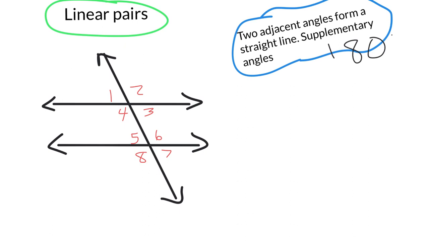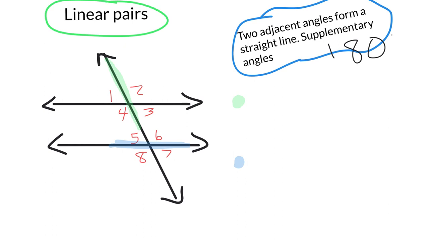Well, let's look at these parallel lines and a transversal. Let's look at this line here, and then let's look at this line here, okay? So let's look at this line first, and then I'm going to write a couple pairs that are linear.